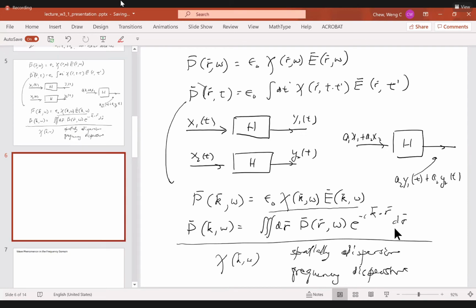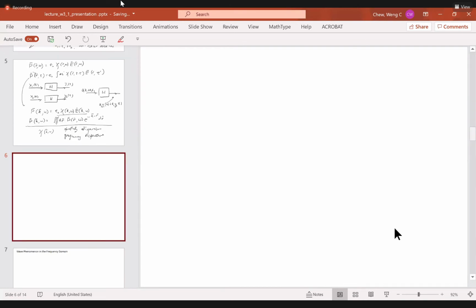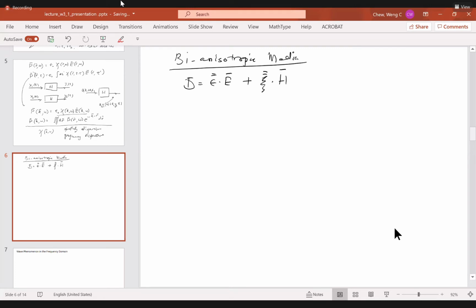And you can generalize this to a bi-anisotropic medium. In that case, you would say that D would be epsilon dot E, the electric flux is proportional to electric field, but there is also a possibility that this is xi dot H. There is also a possibility of a contribution to the electric flux from the magnetic field.